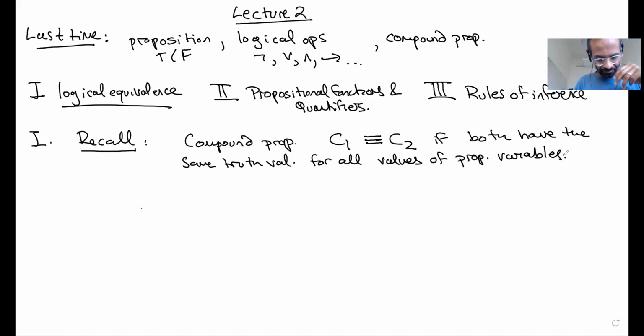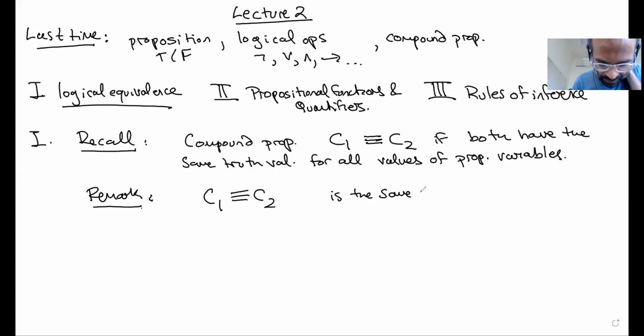One cute remark is that this notion of equivalence of two compound propositions can itself be written as a proposition. So C1 is equivalent to C2 is the same as saying that C1 if and only if C2 is always true. So it is equivalent to the proposition true.